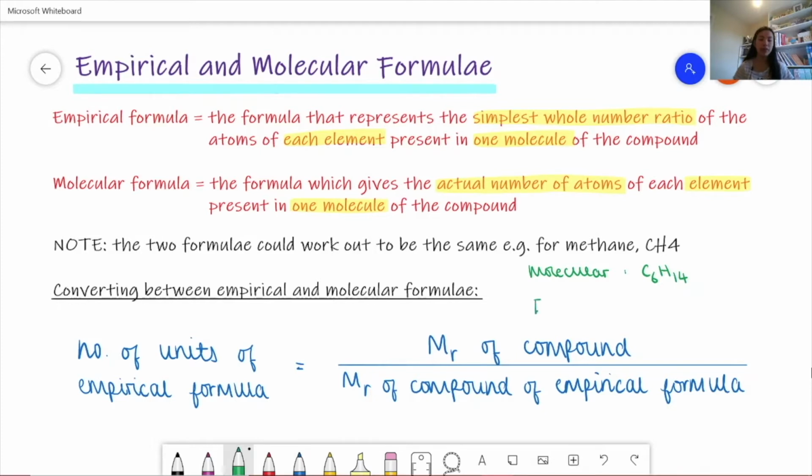And so its empirical formula would not be the same as its molecular formula this time. And so we would have, if we divided everything by 2, we would have C3H7. So that would be our empirical formula for hexane.